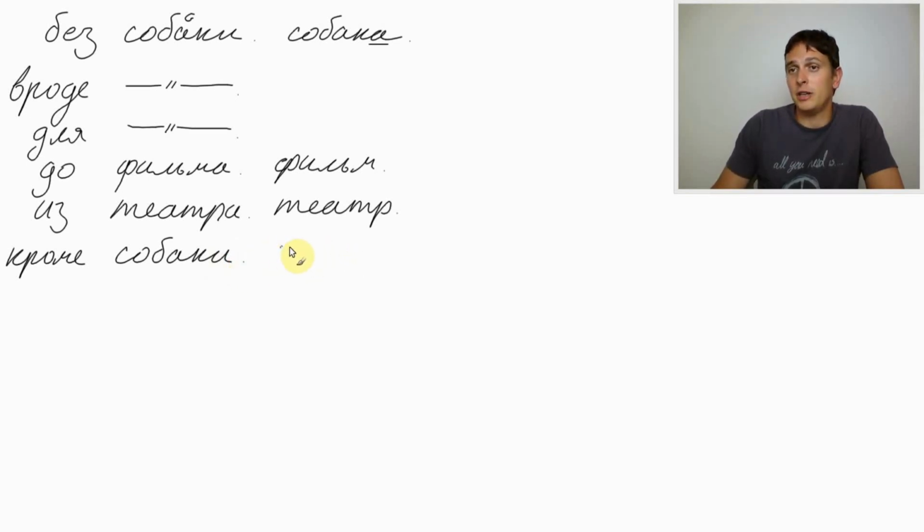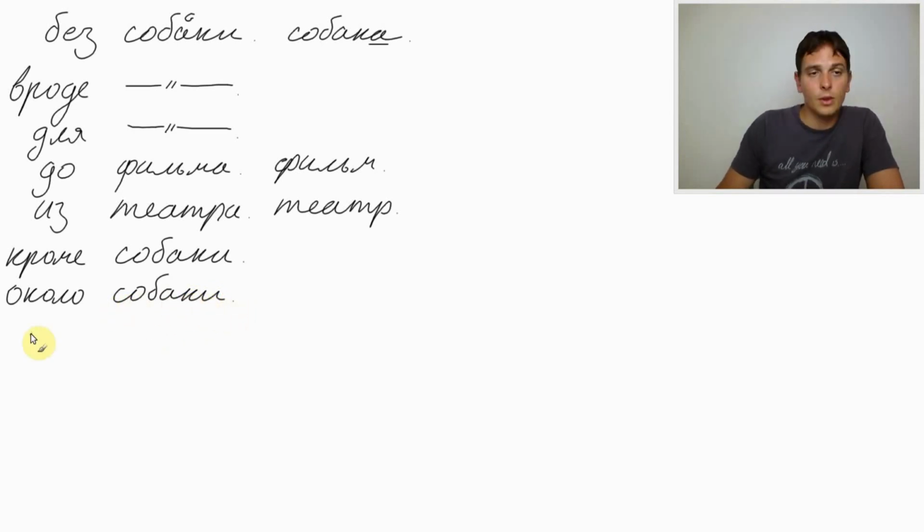В ресторан пошли все, кроме собаки. Все, кроме собаки. Everybody except the dog. Около. Около means near or approximate. So, near the dog would be около собаки. Near the dog. Около собаки.